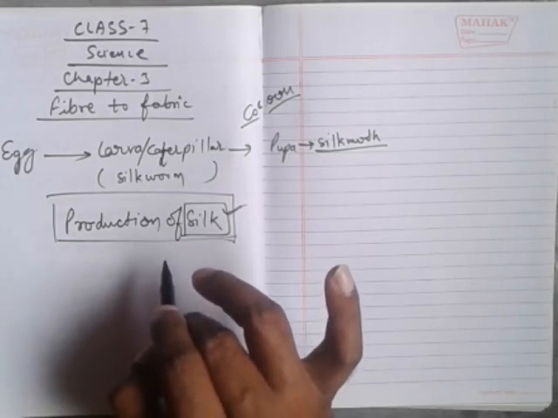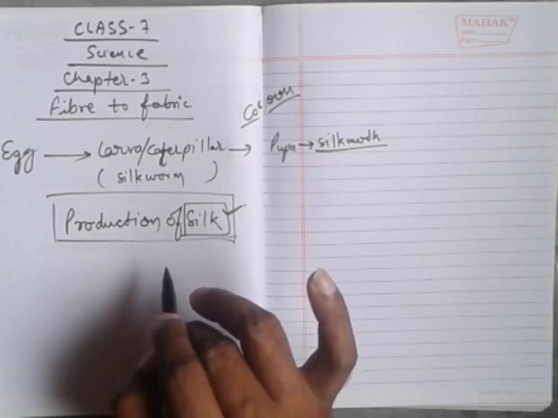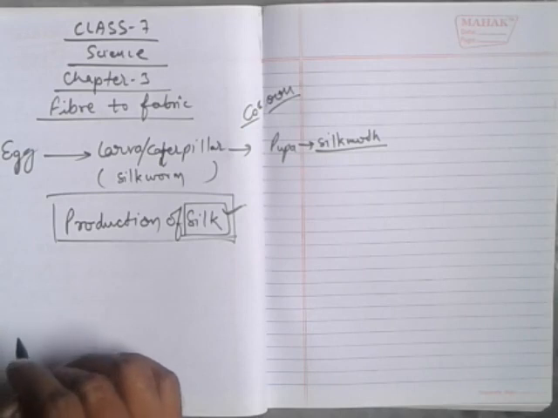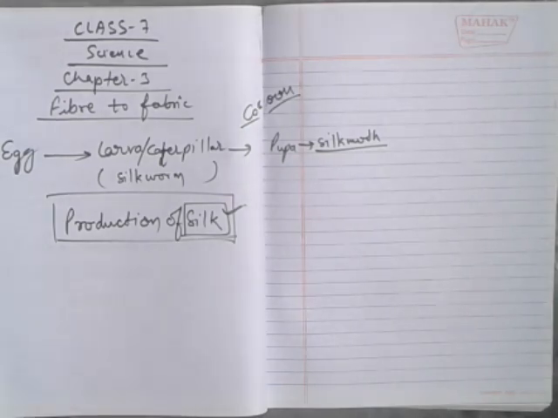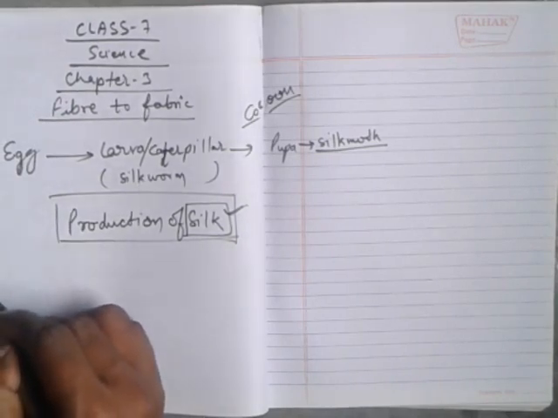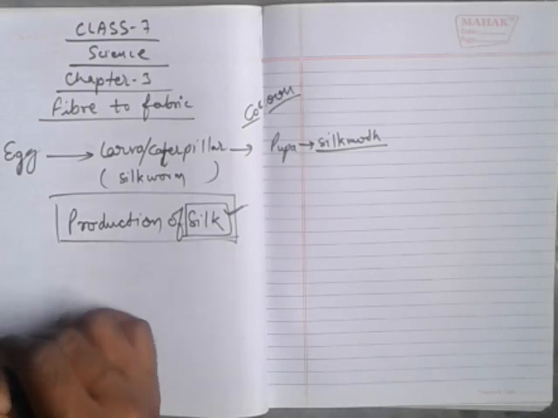All of you know that mostly we obtain silk from the mulberry tree silk moth, which grows on the mulberry tree. That's why we call it mulberry tree silk moth.